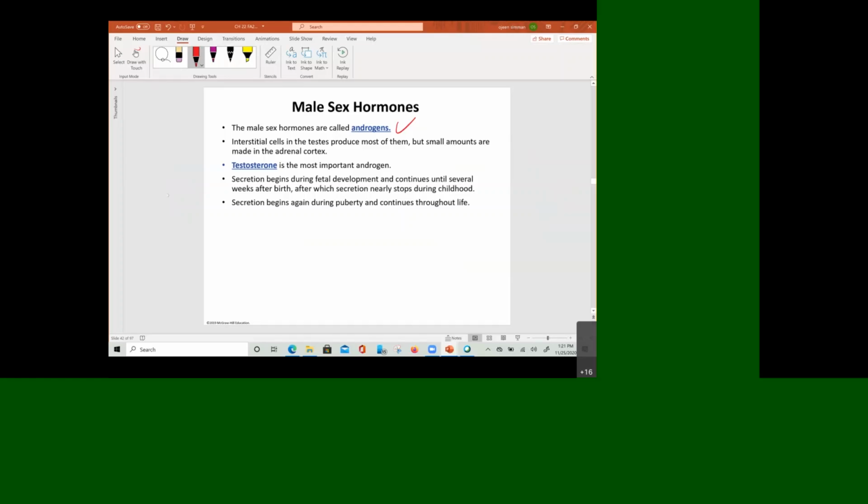Secretion of male sex hormones actually begins during development and continues after birth. Then secretion nearly stops, and then it resumes again and continues all throughout the male life.